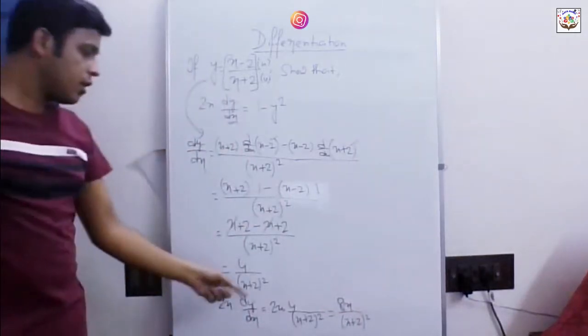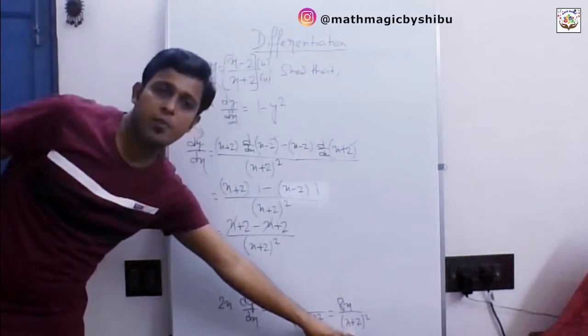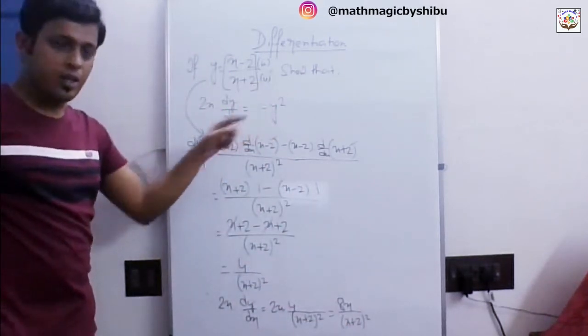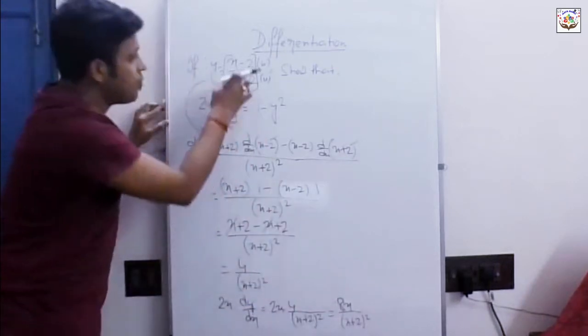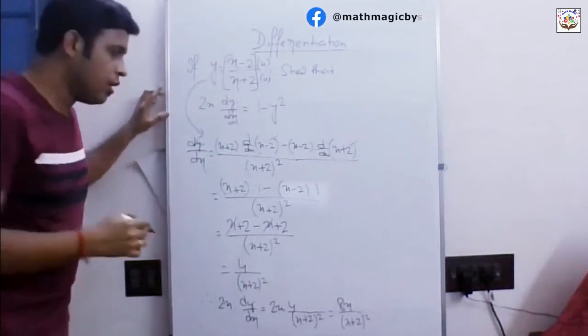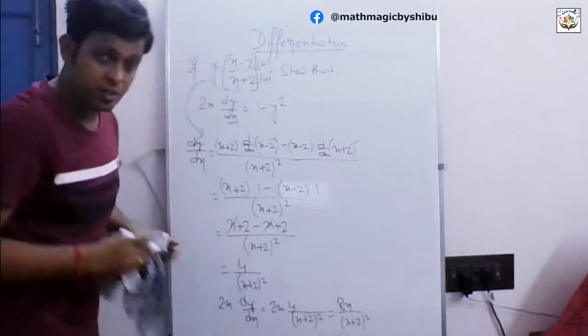So we have got 2x dy/dx as 8x divided by x plus 2 whole square, but it is not coming as 1 minus y square. So you can understand we need to represent this term in terms of x minus 2 divided by x plus 2. Clear? So let us try to convert this term into x minus 2 divided by x plus 2.